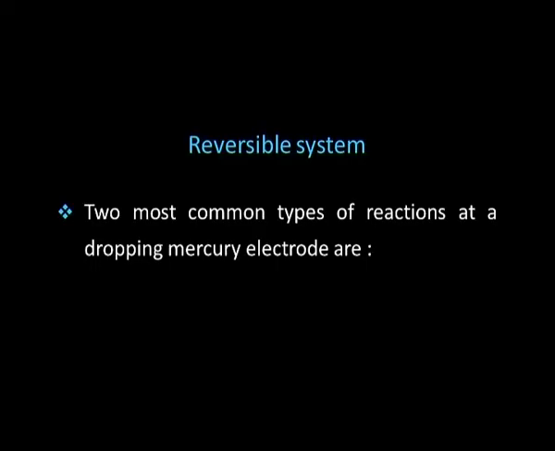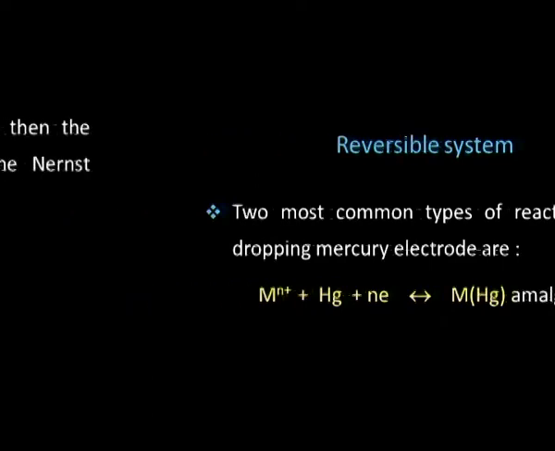Two most common types of reactions at a dropping mercury electrode are Mn+, that is a metal having n positive charge, taking n electrons at the surface of mercury to give M(Hg), that is the metal formed making an amalgam with mercury.